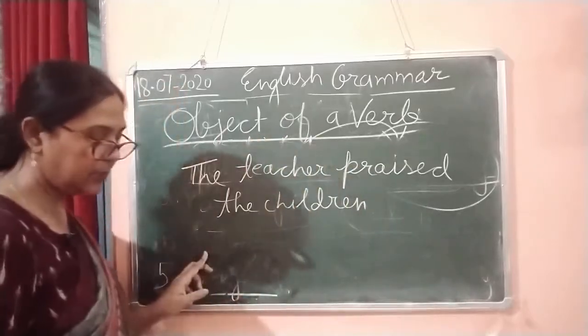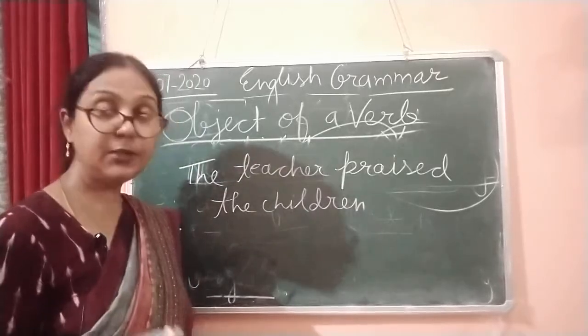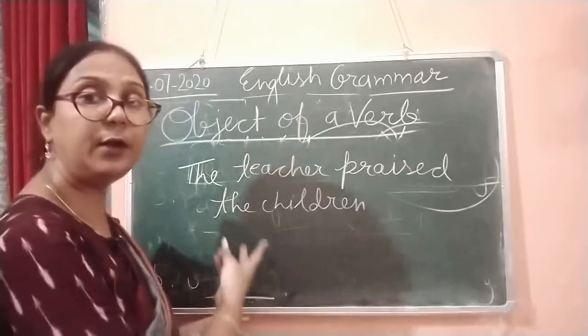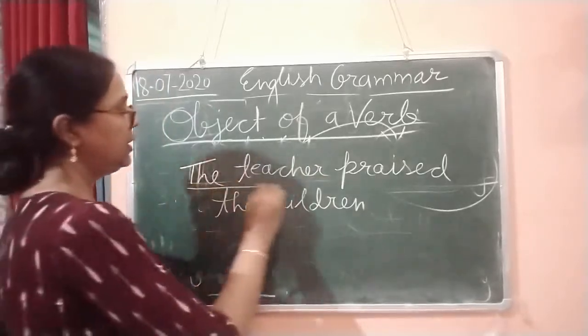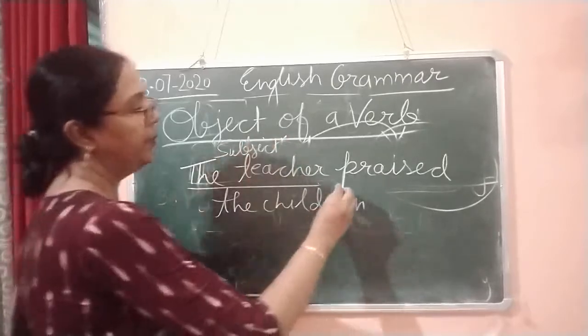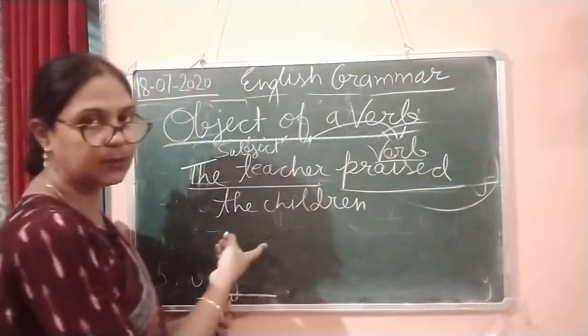Now here you can see praised what indicates the children. Praised what? What did the teacher praise? The teacher, subject, praised, verb, and what did she praise?